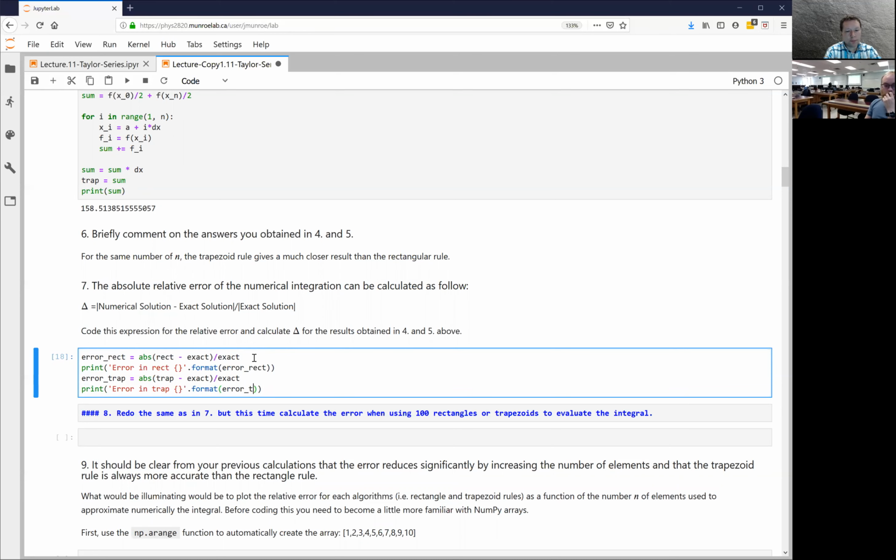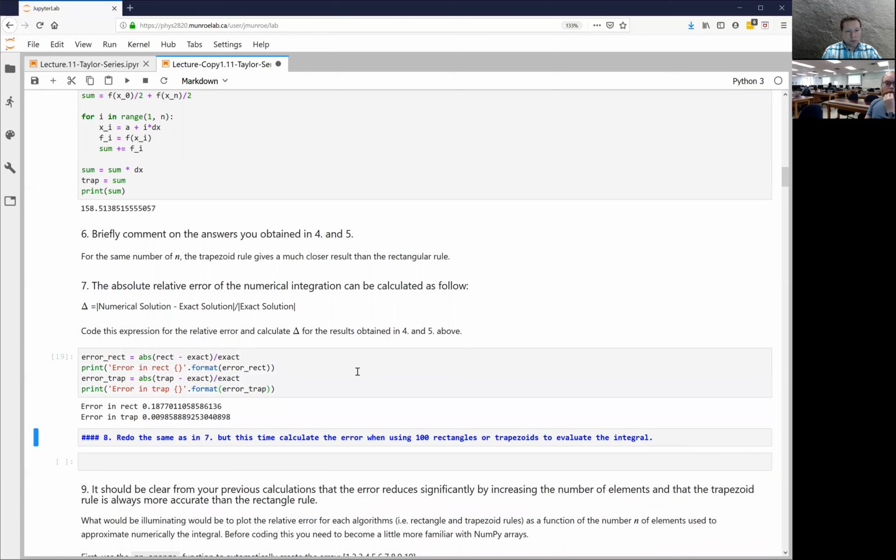There we go. Okay, so as a relative error, we have an 18% error in the rectangular method and basically a 1% error in the trapezoid method. So that's a more quantitative way to start describing this.